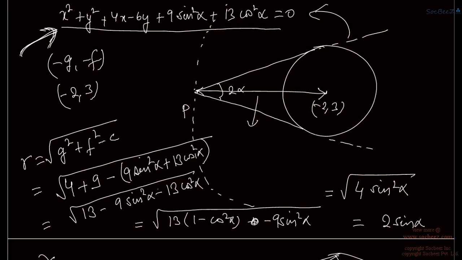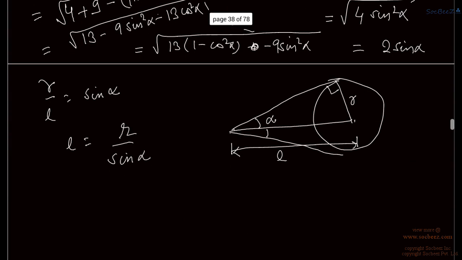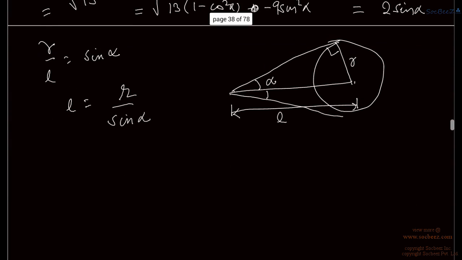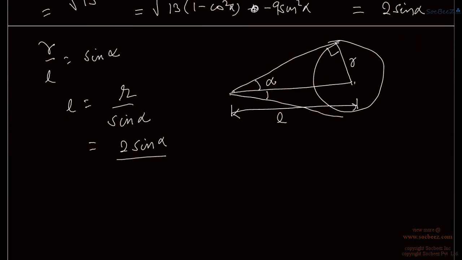Okay. So we have the radius as 2 sin alpha. Putting the radius as 2 sin alpha upon sin alpha, we have found the length, that is 2 units, and this point is minus 2, 3.